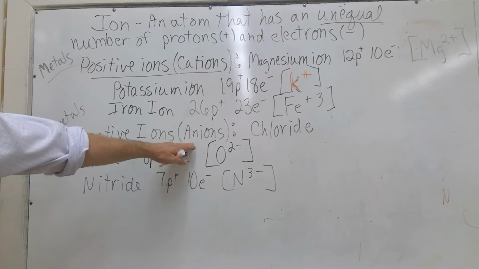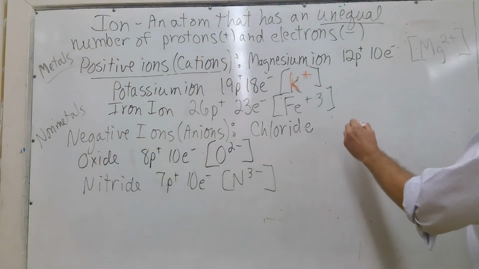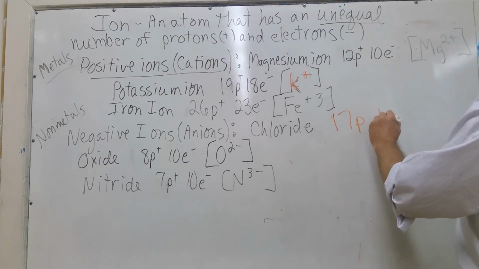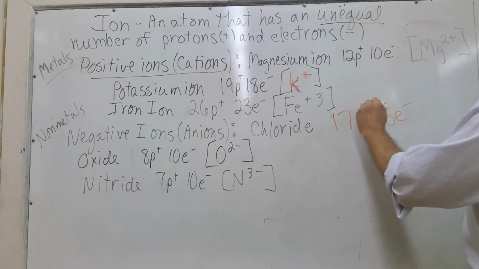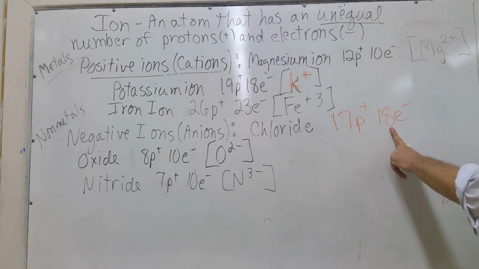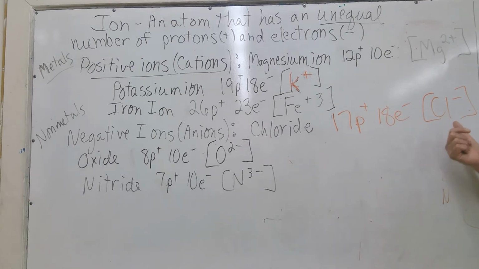On the other hand, we have some atoms, mostly nonmetals, that gain electrons. We call those anions. For example, the chloride ion happens when elemental chlorine, which normally in an elemental state has 17 protons and 17 electrons, takes on 1 more. And so by having 1 extra negative charge, this makes chlorine into an anion, which is a negatively charged ion, and we call that chloride.